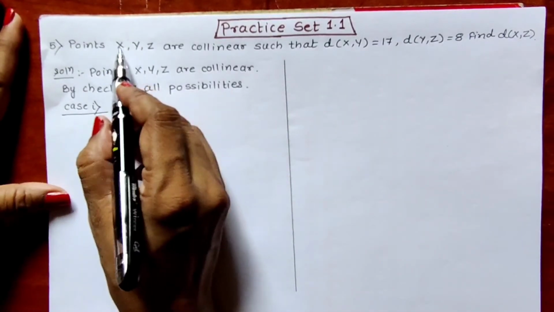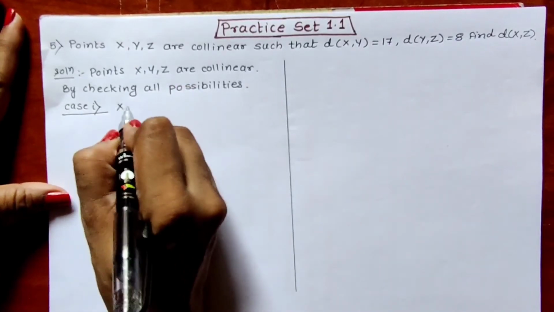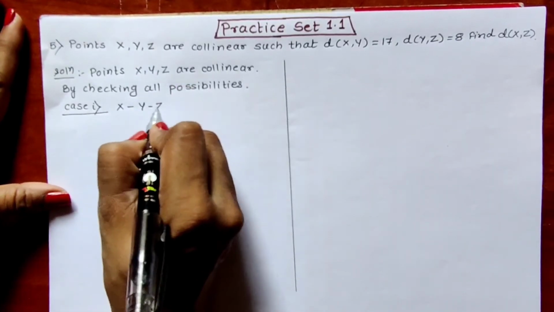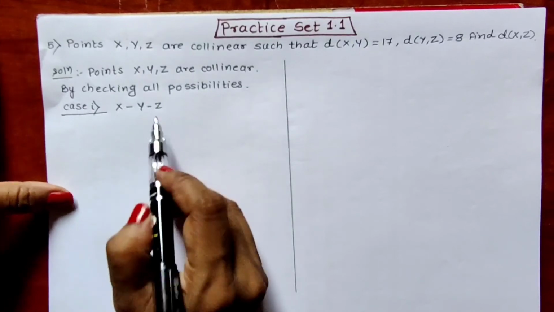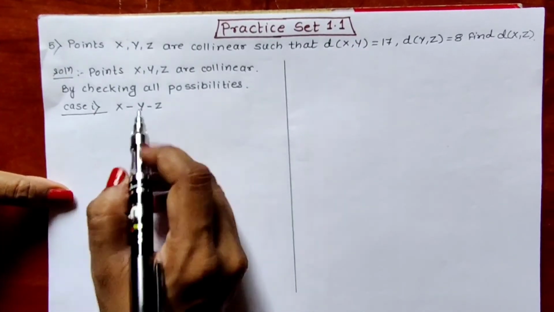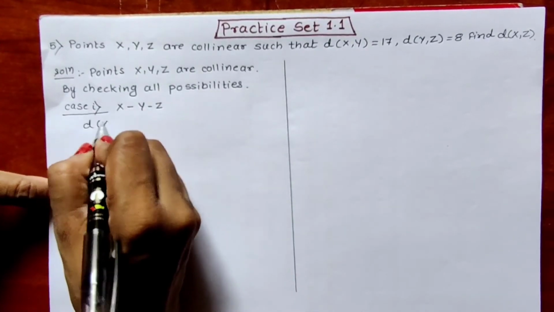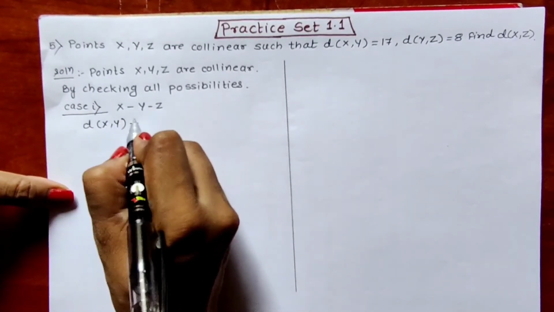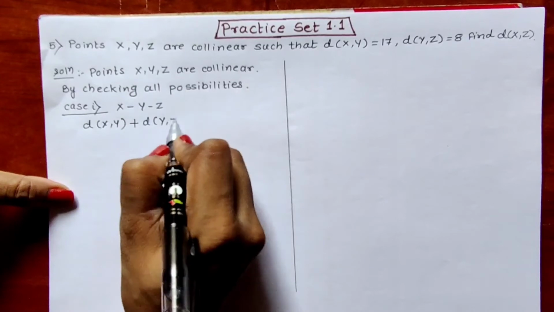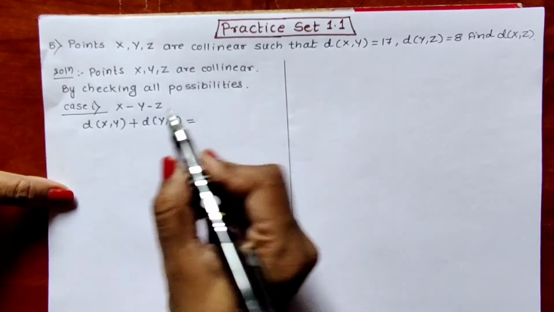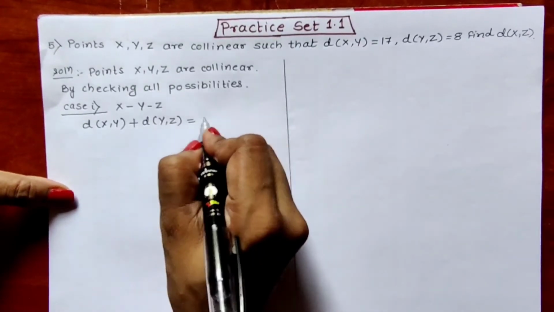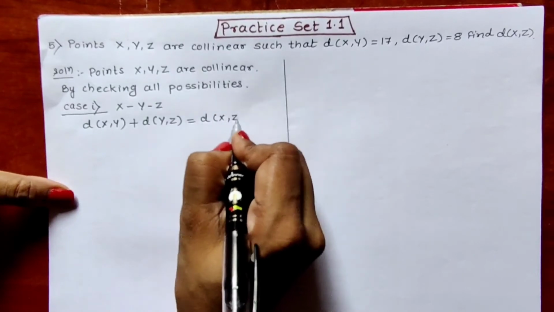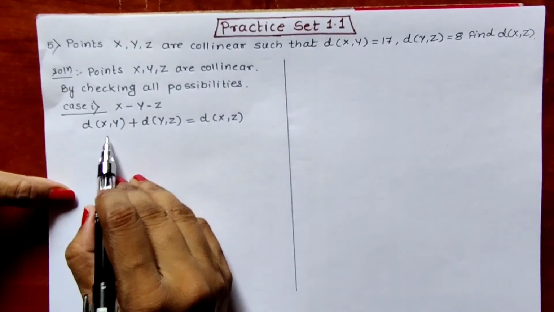Point Y is in between X and Z. Okay, X-Y-Z. That means point Y is in between X and Z. So what will we be getting? Distance XY plus distance YZ is equal to distance XZ. Now we will substitute the values.